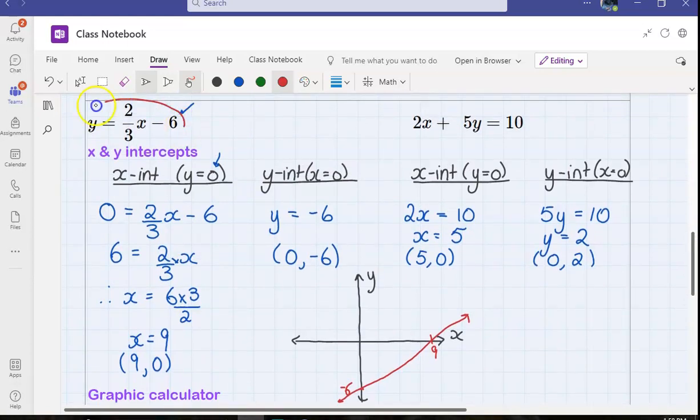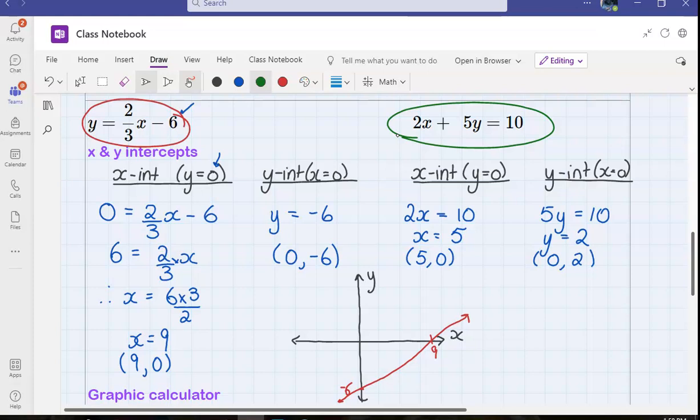Now it is, but when you've got other functions, then it's not. Okay? And when you're doing this one, to do the rise over run thing for that one, you would have to rearrange it and put it in that form. Look, if that's what you want to do, go for it, but they're still going to ask you, tell me what your x-intercept is. Tell me what your y-intercept is.